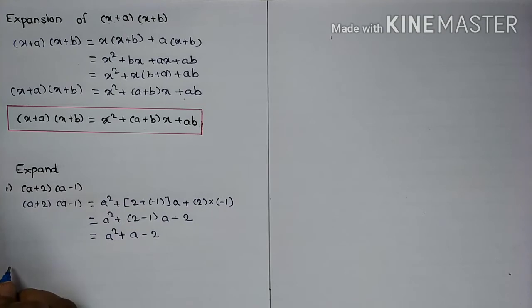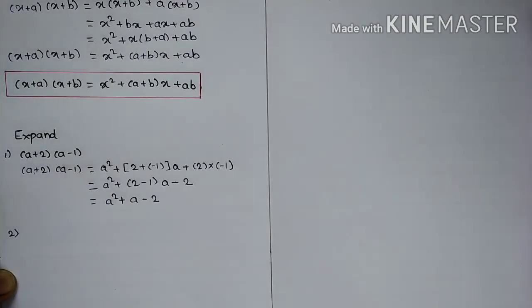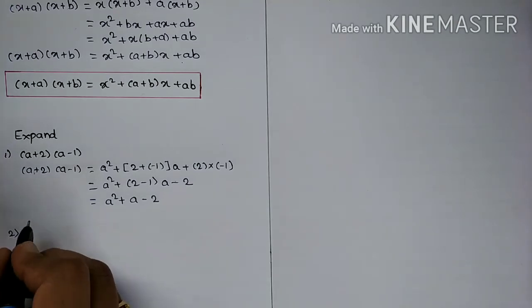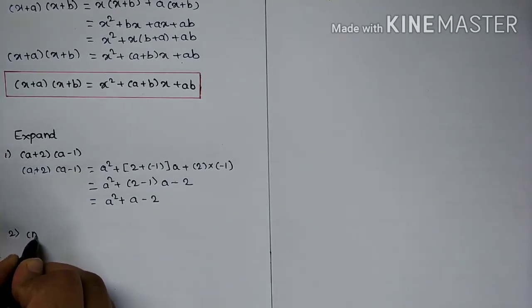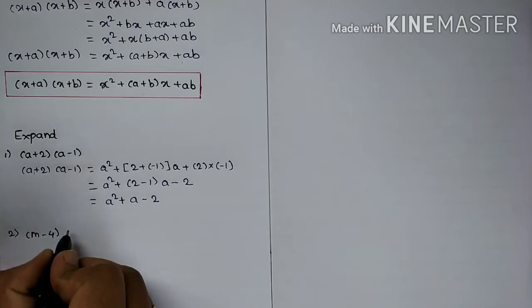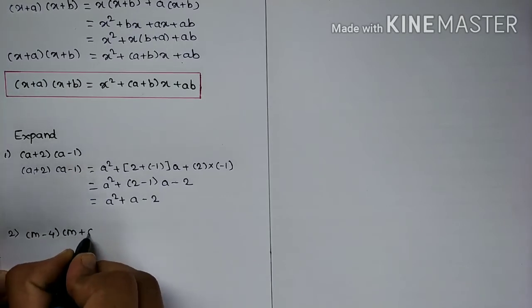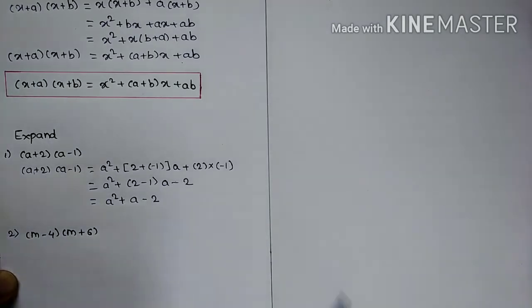Now see second example. Second example is (m - 4)(m + 6). So by using this formula, we have to solve this.